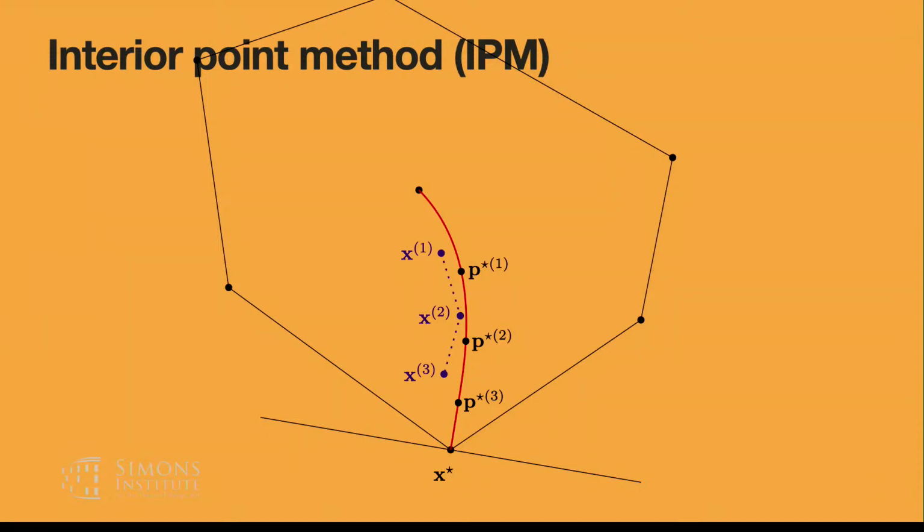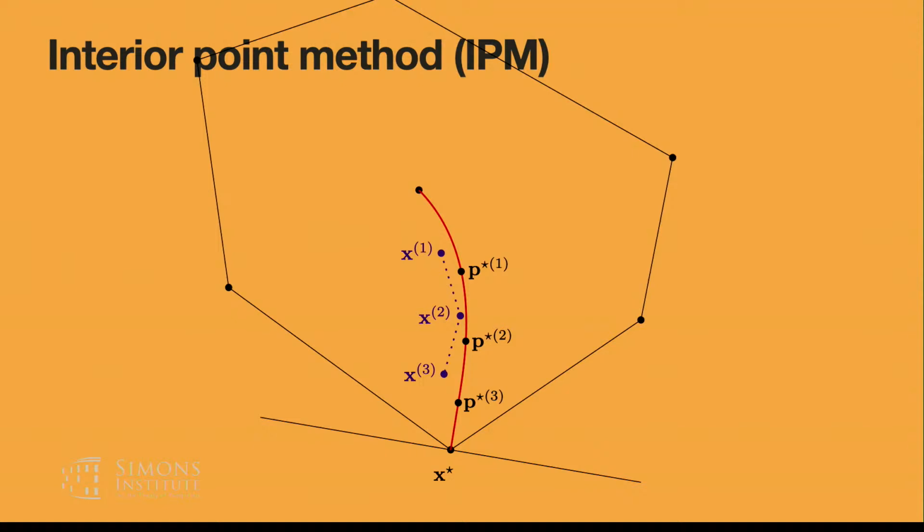So the idea of the interior point method is that you start off with some point on the central path. First you need to find a feasible point inside the interior, inside the polytope, and then you try to move towards some point on the central path by taking a Newton step. Then you move along the central path to a different point, and you move your solution to try to follow that point.